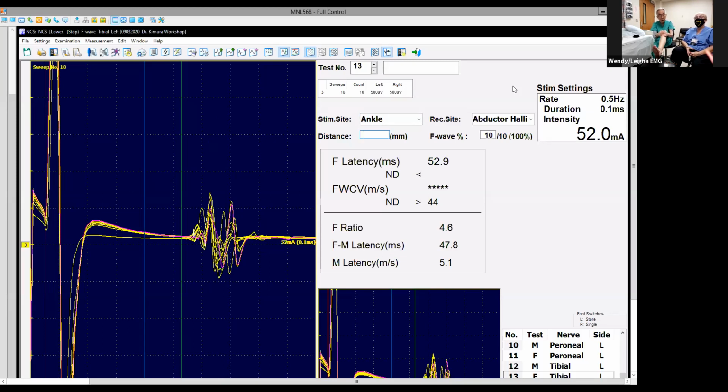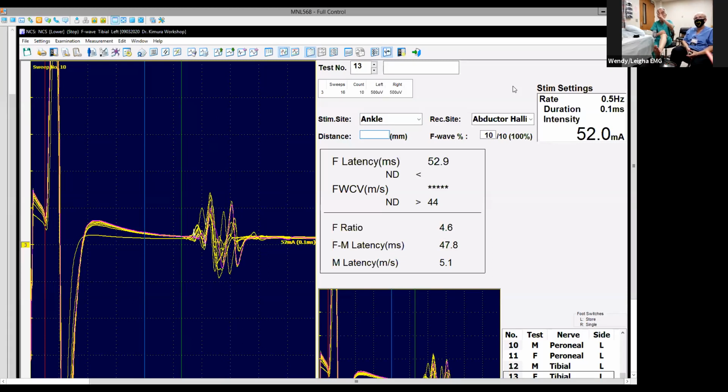52.9. And these things you have to assess according to the height. I'm 172. In our setting we are using Nihon Kohden Neuropack, and in this machine, if you enter the height, then it will give you the normal upper limit, and that should be, for me, something like 55, 56, or around there.